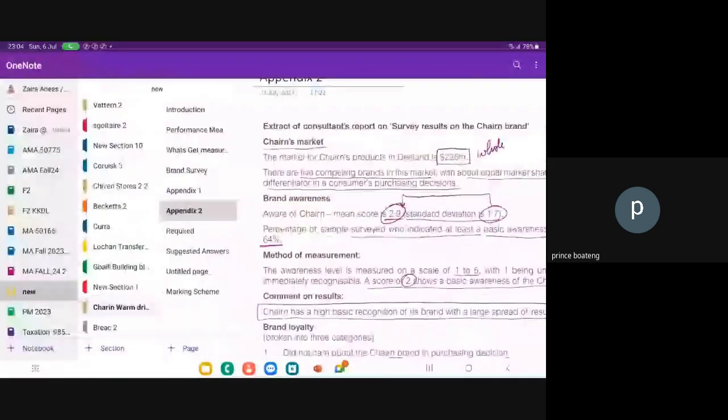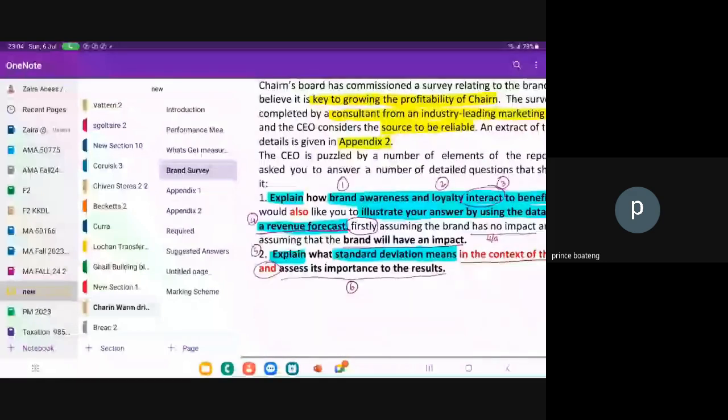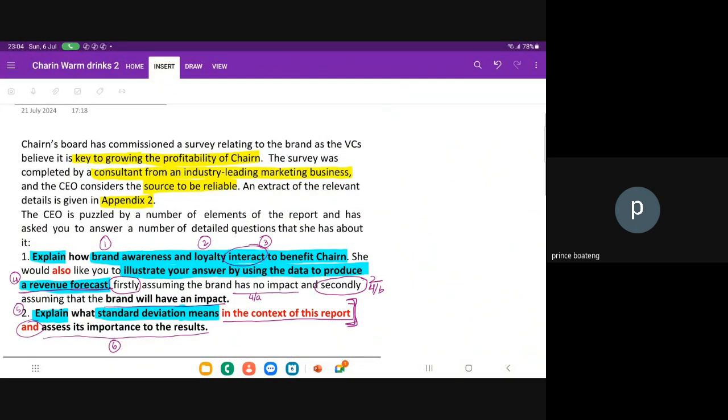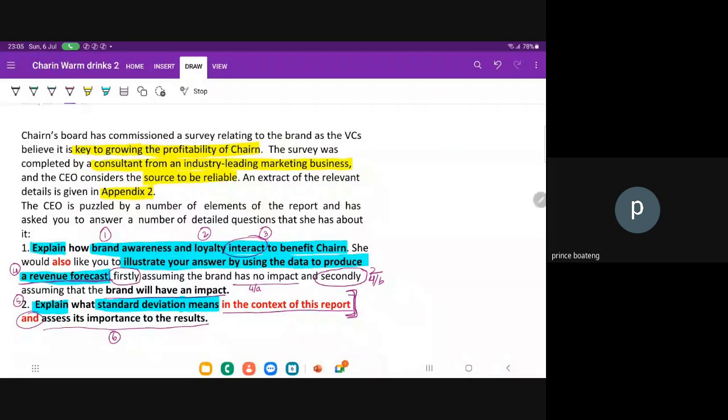Now let's try to reread this part. Explain brand awareness and loyalty and interaction to benefit the customer, to Sharon, right?